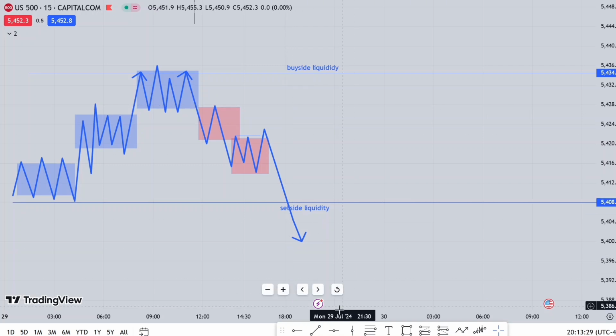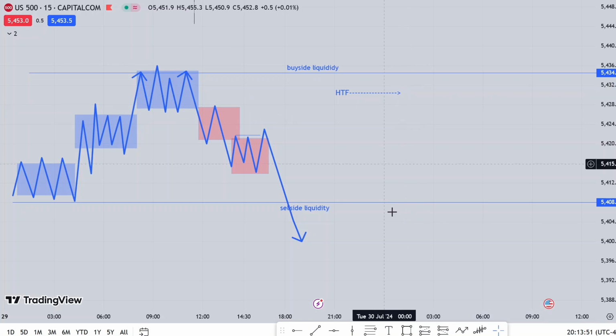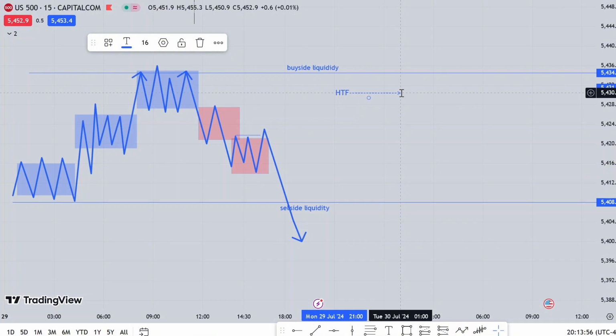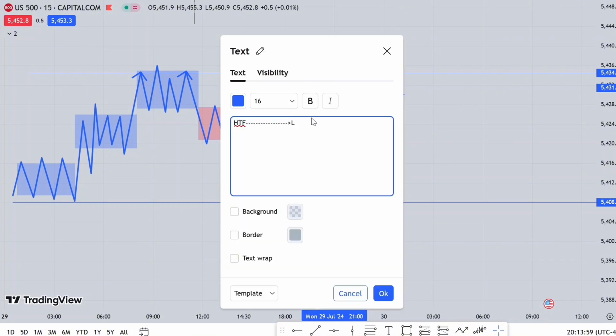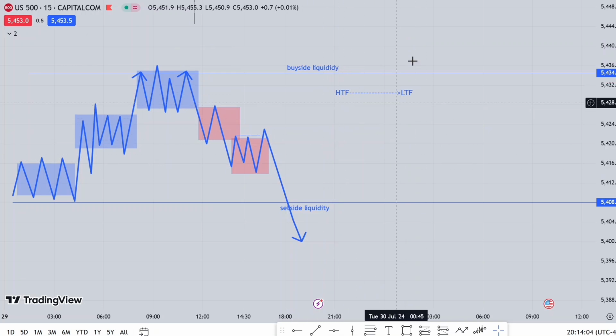So for example, let's call this the higher time frame, and here you have the lower time frames. So the higher time frames first, then the lower time frames, which are subordinate to that higher time frame.